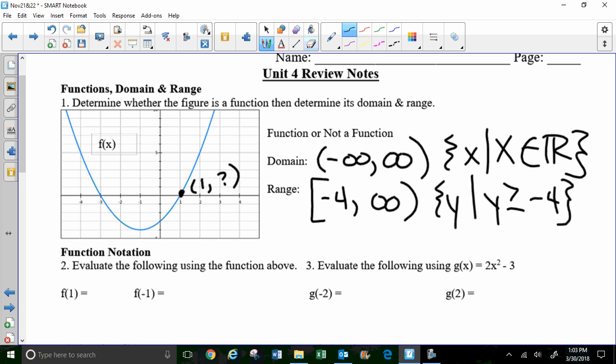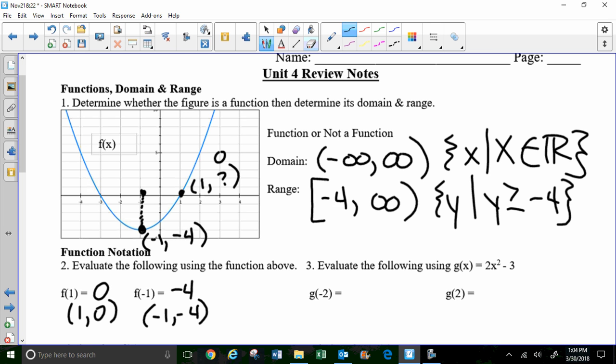The y value would be 0. So it's f of 1 equals 0, and you can write the ordered pair (1, 0). Going over to -1, follow that down to your graph, and that's the point at x equals -1. What's the y value there? That's going to be -4. So there you go, (-1, -4).